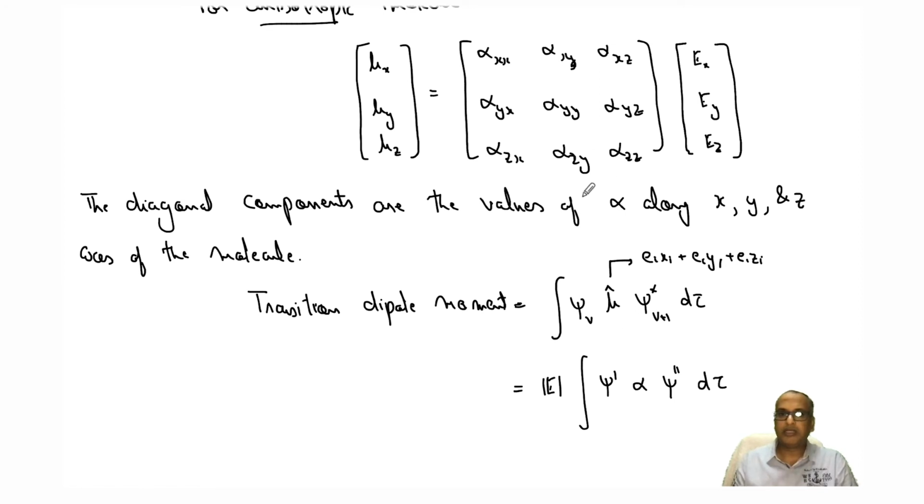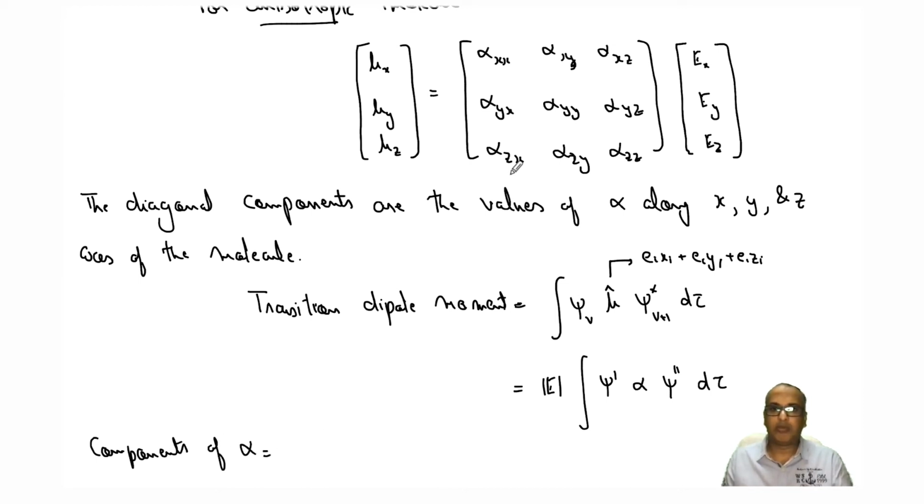Now the alpha matrix has terms xx, xy, xz, yx, right? These are the binary products of unit vector transformations. So we will write down the components of alpha.